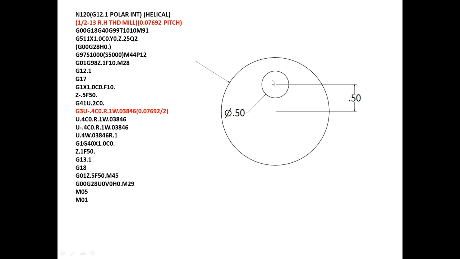So your facing thread mill will be at the center of this hole. Of course, you're going to rotate your spindle, and we start the G12.1 once we get in front of the hole.